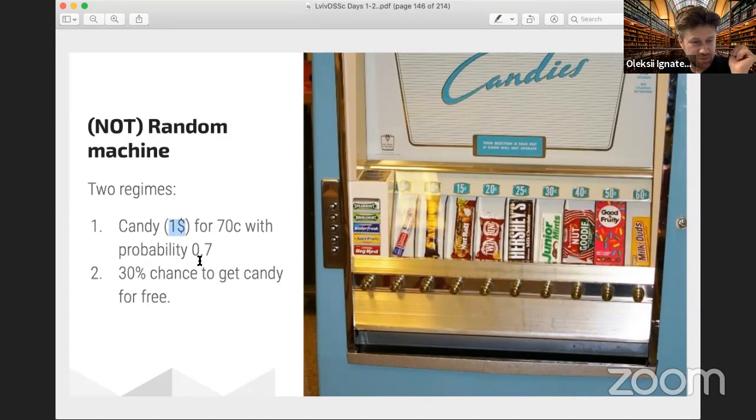You pay $1 and with probability 0.7 you obtain candy which is worth 70 cents, and you have a 30% chance to get candy and $1. So you have a 30% chance to get candy for free. And this gamification actually raised the profit of this machine 3 times.